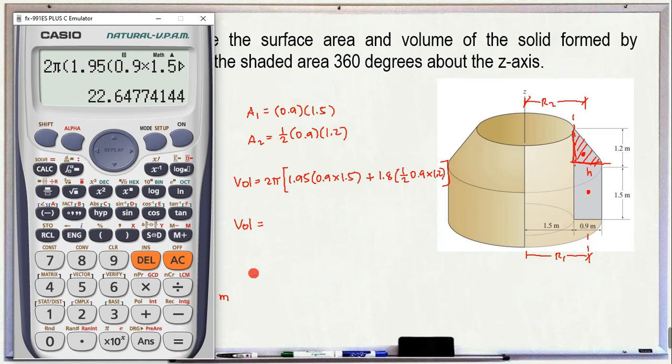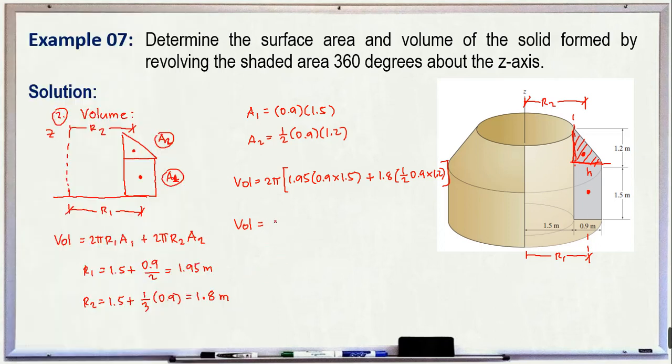Okay, so the answer is 22.65. So the volume that is being generated by this figure is equal to 22.65 cubic meters. Okay, so that's it.